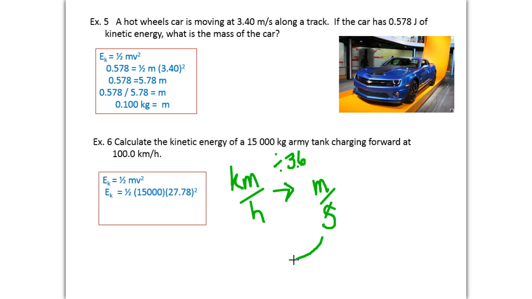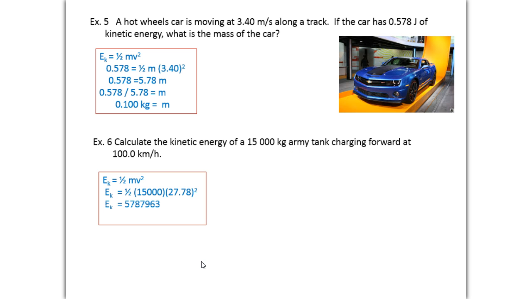If you're going the opposite way, meters per second to kilometers per hour, you will multiply by 3.6. Now, we're probably not going to do very much of that here in this course because we need everything in meters per second. So this is the part you really need to concentrate on. When you go from kilometers per hour to meters per second, divide by 3.6. And then it's straightforward calculations.